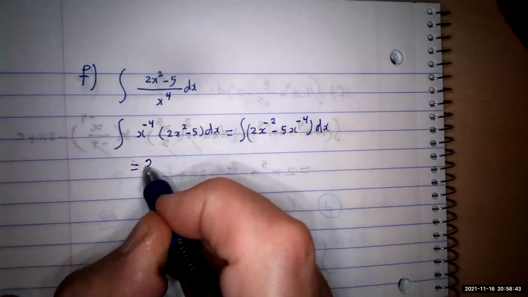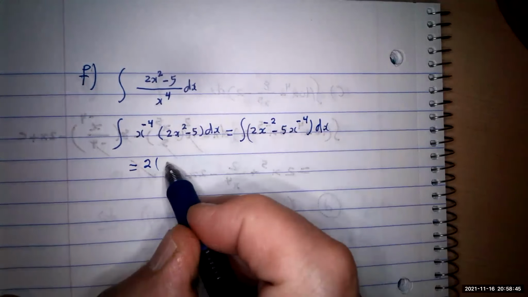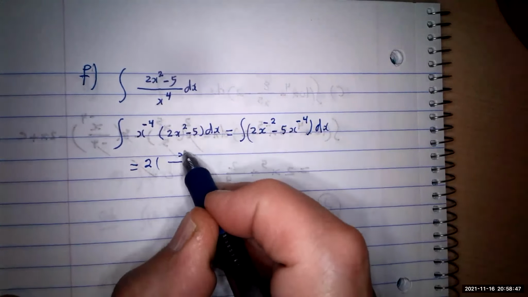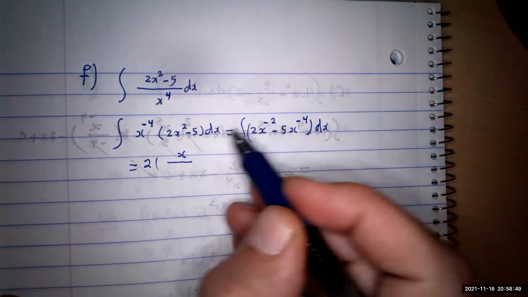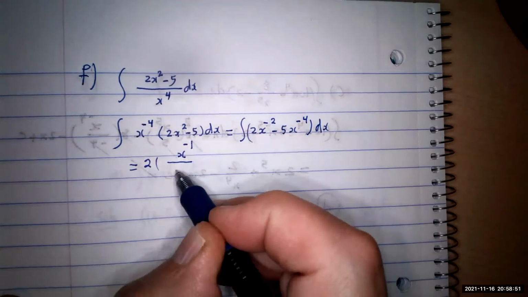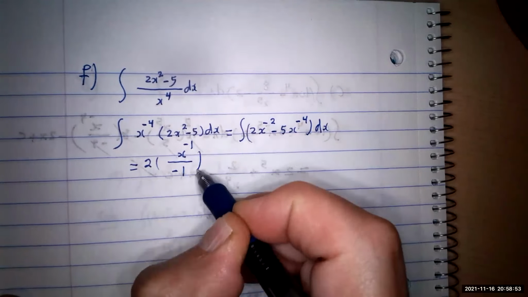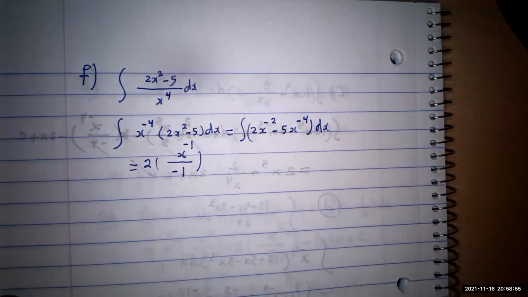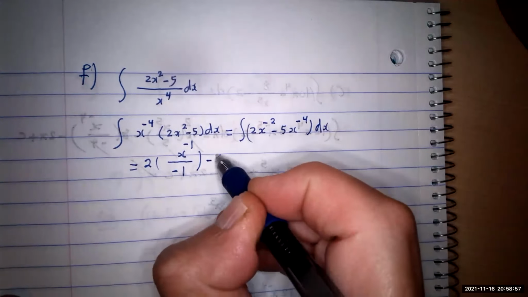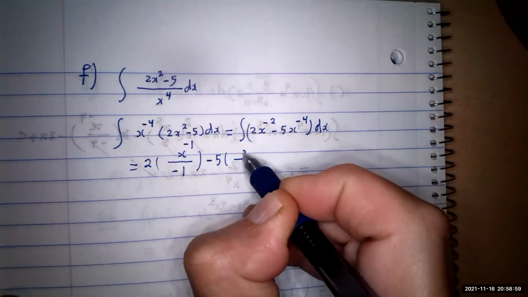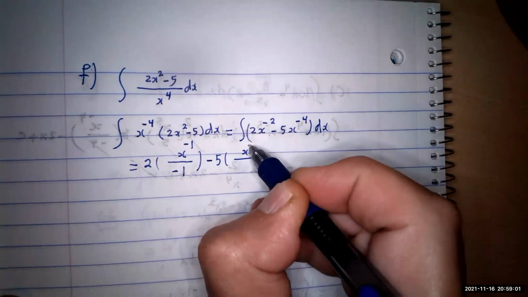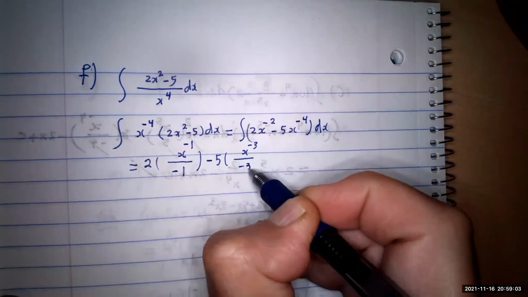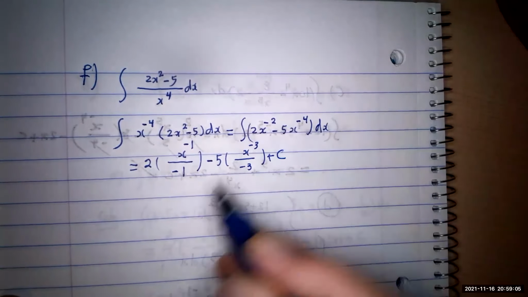That's 2 times x to the negative 2 plus 1, negative 1, divided by negative 1. That's the first one. And this is minus 5 times x to the negative 4 plus 1, negative 3, over negative 3, and the constant c.